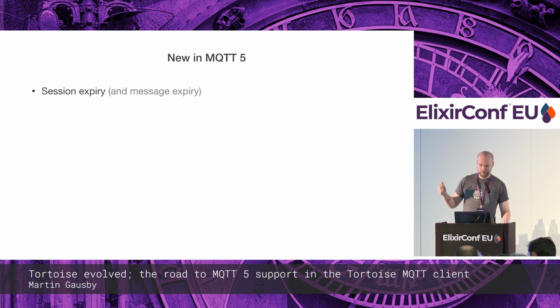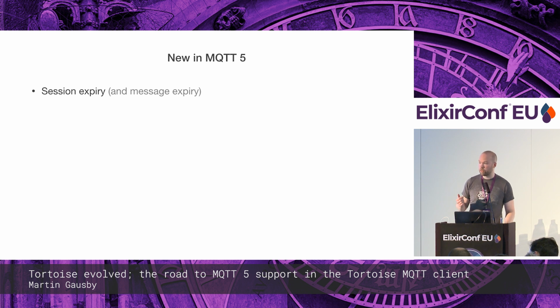Now we got a concept of session expiration and message expiration, and that relates to when you drop from the broker, you can send a last will message, and the session expiration is what time duration should go from you getting dropped to the last will being dispatched, and now you can specify. Previously, it would just go out instantly.